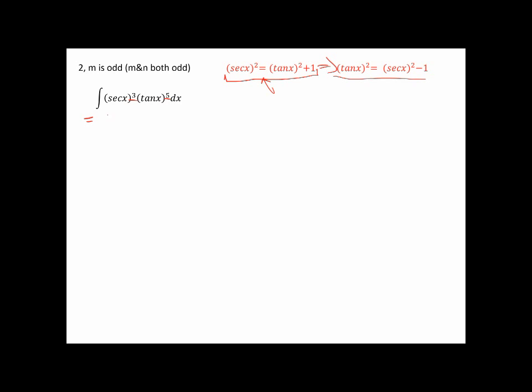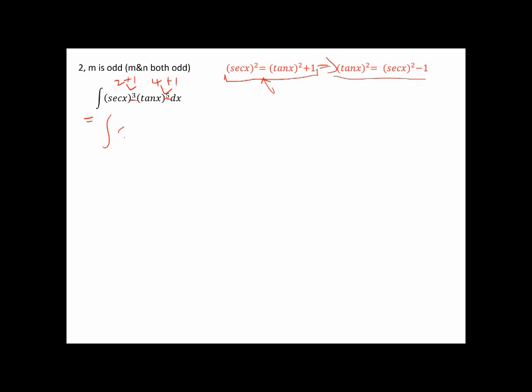Once you see that both have odd powers, you want to separate one secant x and one tangent x out. So you separate the secant cubed into secant squared by 1 secant, and the tangent fifth into tangent fourth by 1 tangent.